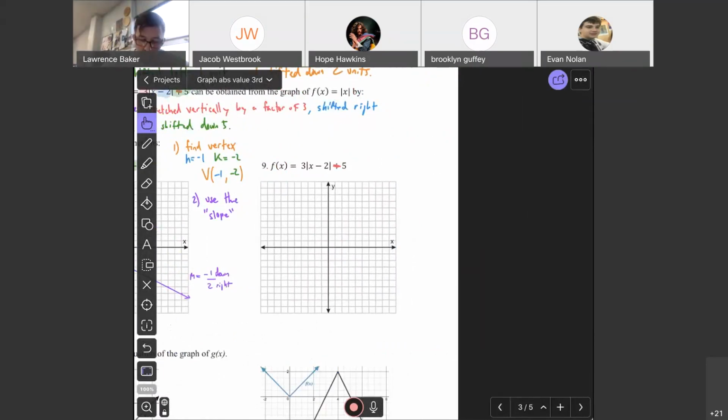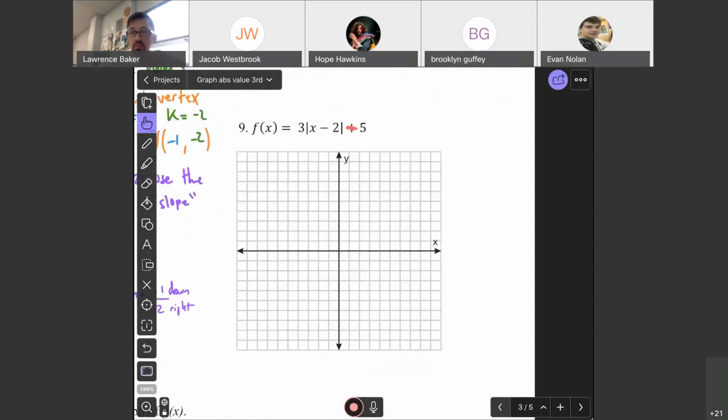Right, a vertex should have 2 coordinates, not just 1. There you go, Clover. There you go, Peyton.